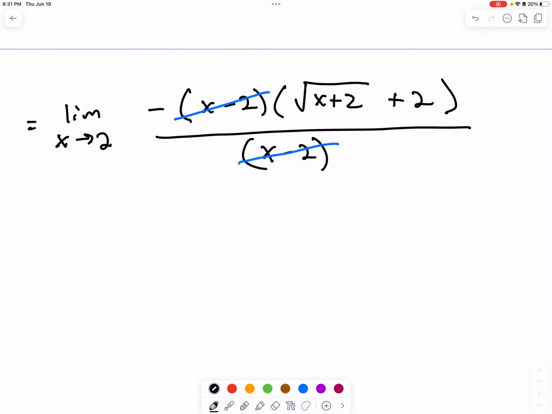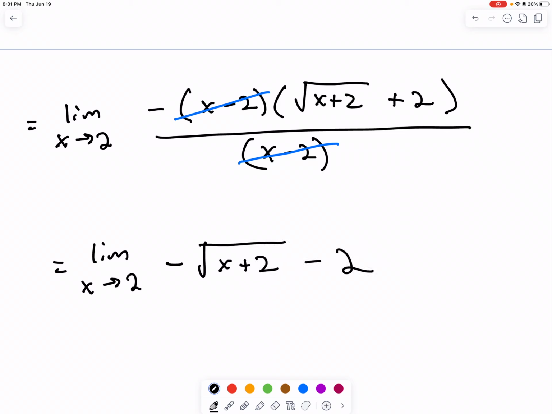Okay. So if we account for these changes, we could distribute that negative. We get the limit as x approaches 2. Let's do this. So at this point we have the negative square root of x plus 2 and then minus 2.